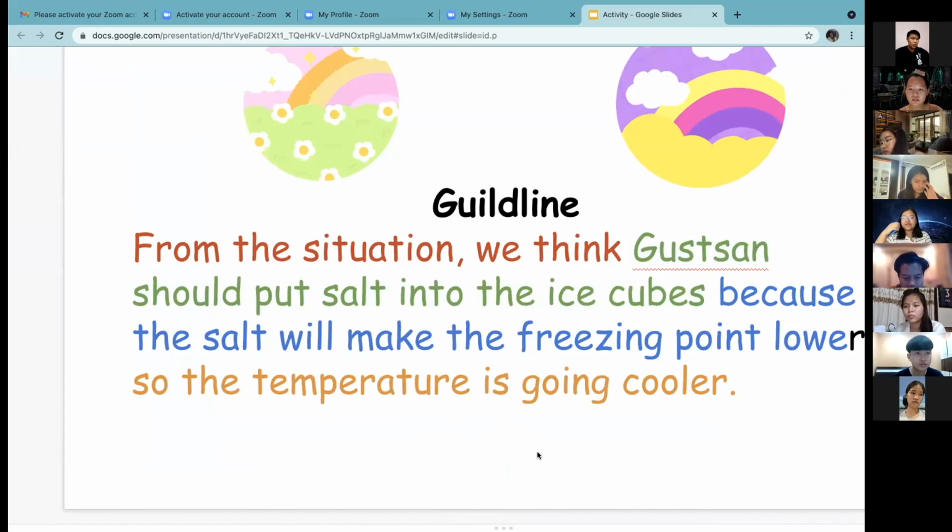Okay, from our group, from the guideline that you gave us, from the situation, we think Hassan should put salt into the ice cube because the salt will make the freezing point lower.